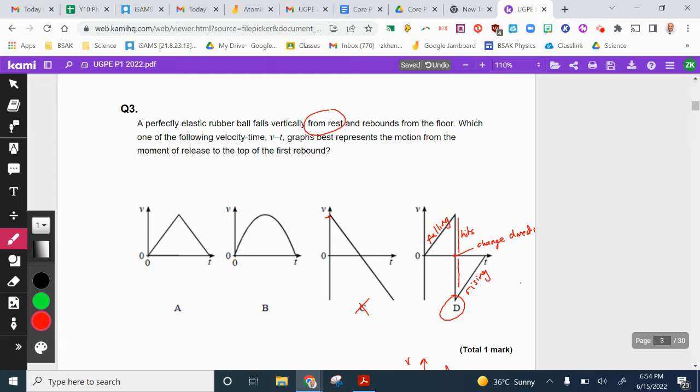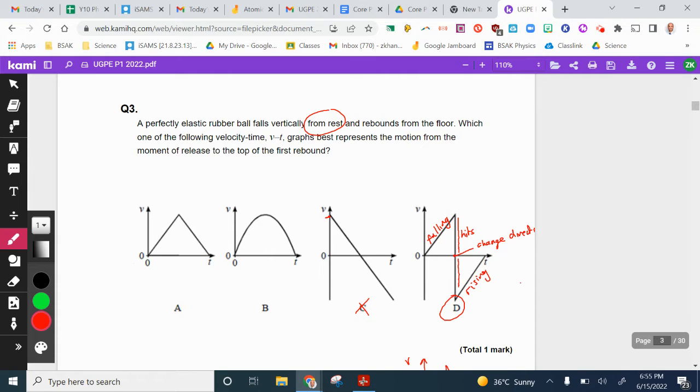Now, what we've got is we know that when a ball falls, it increases in speed. So we can see in A, we've got an increase in speed, and in D, we also have an increase in speed. When it hits the floor, what happens is the ball slows down and rebounds up.